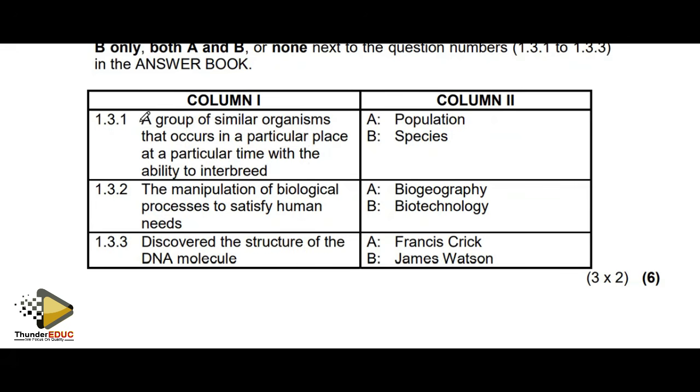Since it's a group of organisms that are able to interbreed, then automatically it is a species, but because it's a group, it's going to become a population. So the word group cancels out for the species and then forms population. So the answer becomes A only.